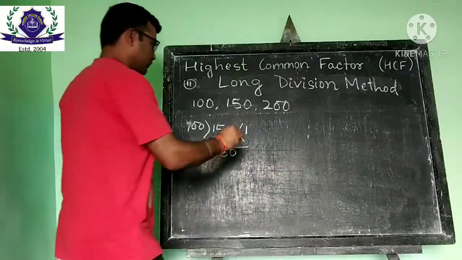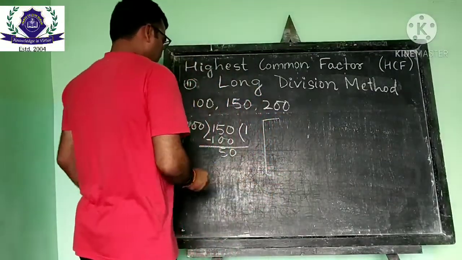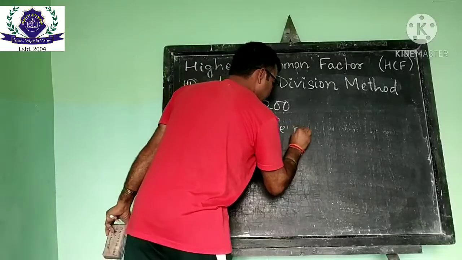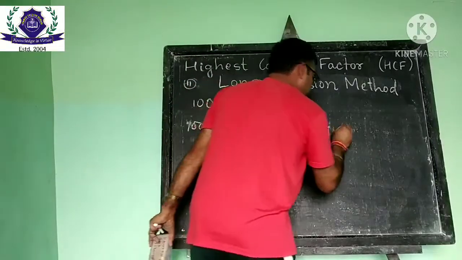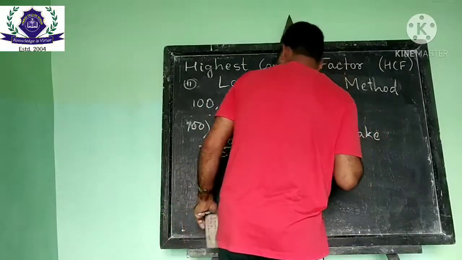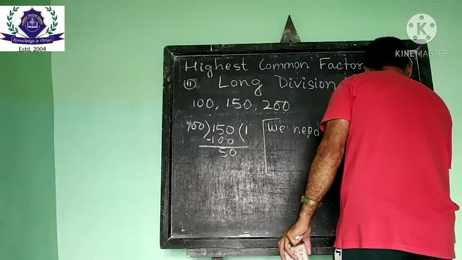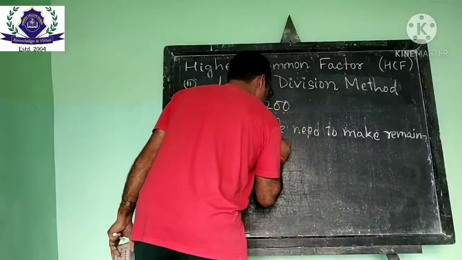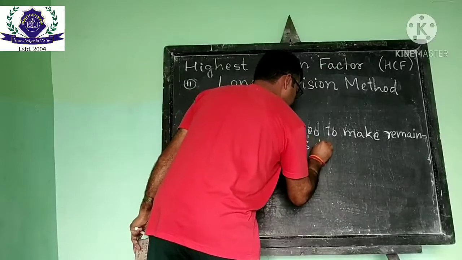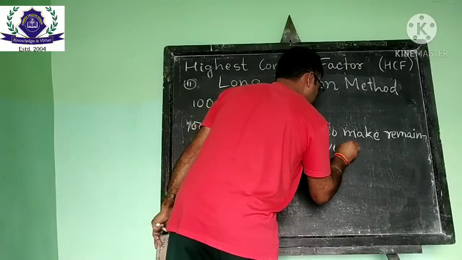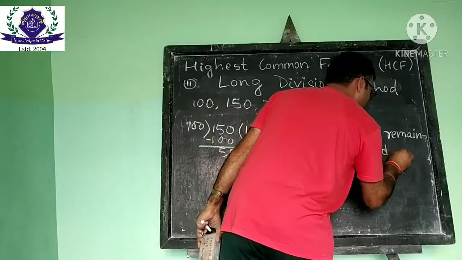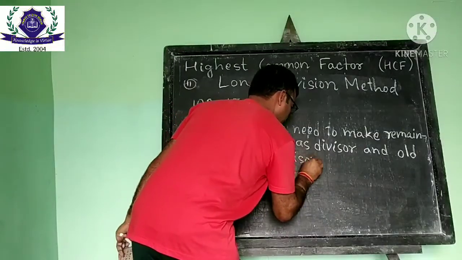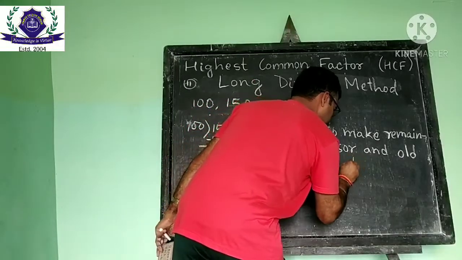Now in this case, we need to make the new remainder the divisor and the old divisor the dividend.